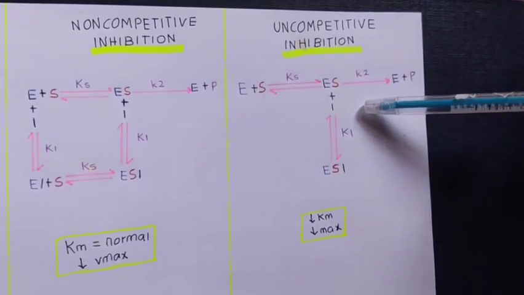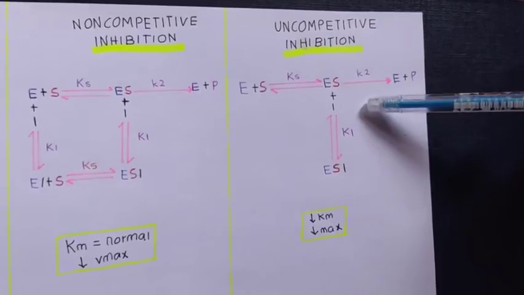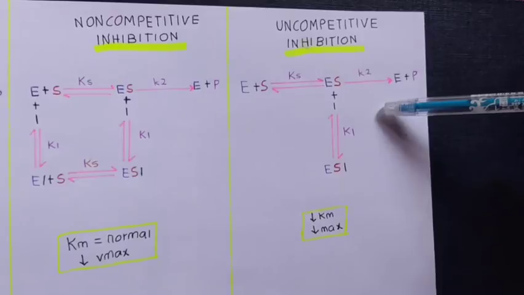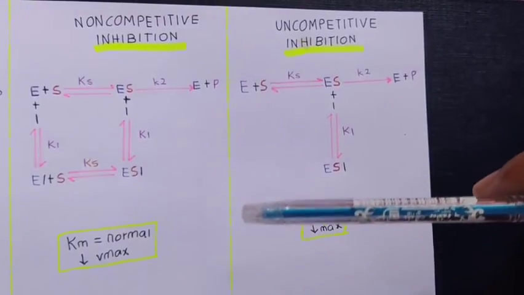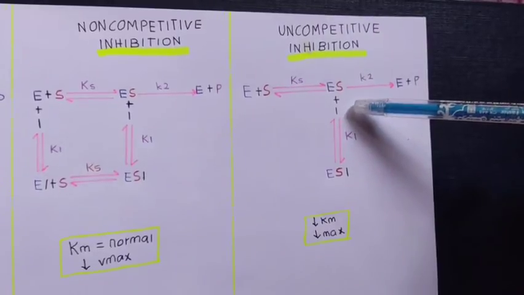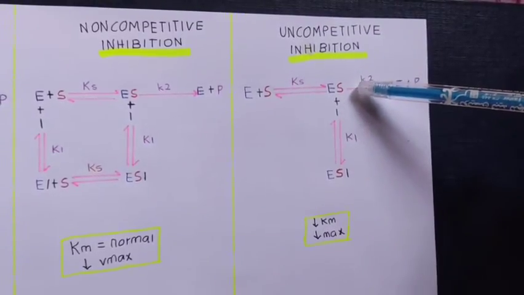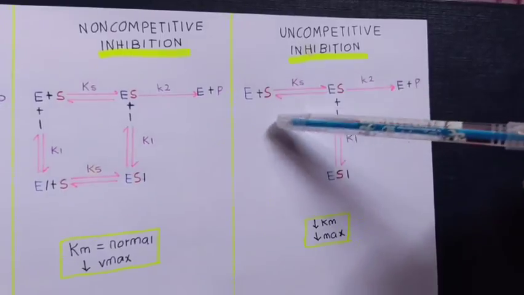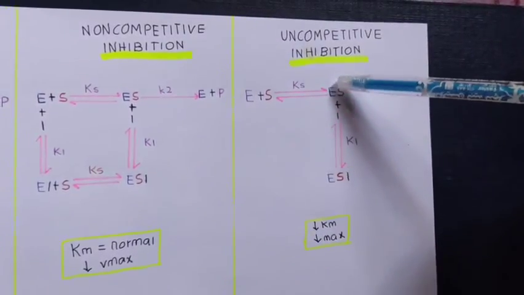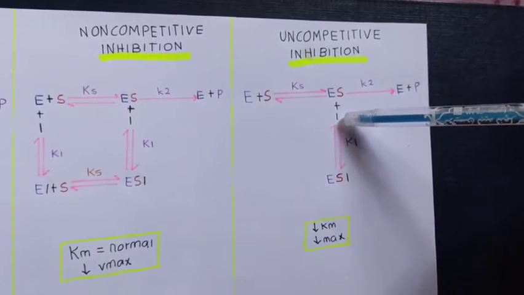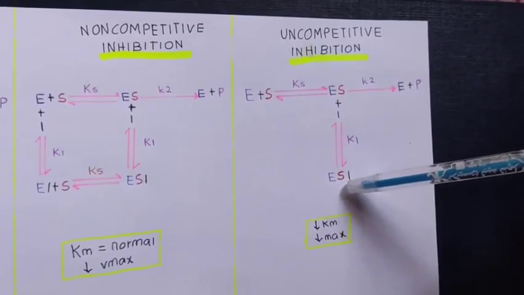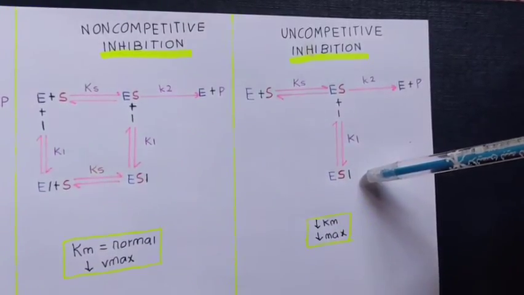The third one is uncompetitive inhibition. This inhibition is a little bit different from those two inhibitions, because the inhibitor only binds with the enzyme-substrate complex. When the enzyme and substrate bind to become the enzyme-substrate complex, the inhibitor binds with this complex to make the enzyme-substrate-inhibitor complex.